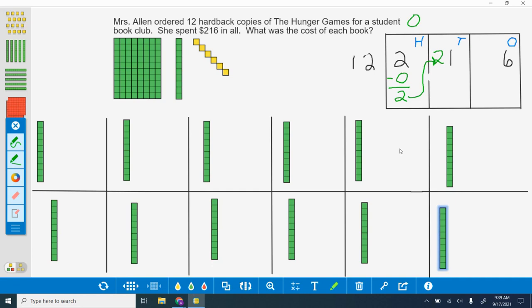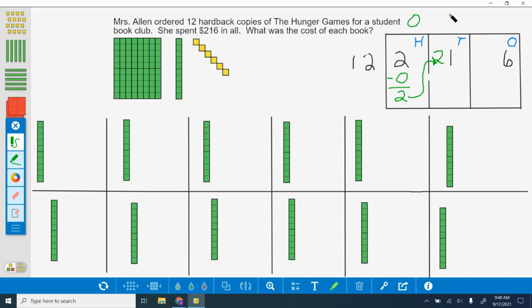Let's look at how many tens we have remaining. 1 ten, 2 tens, 3 tens, 4 tens, 5 tens, 6 tens, 7 tens, 8 tens, 9 tens. If we have 12 groups and 9 tens, are there enough tens to place 1 in each of the 12 groups? No, there aren't. So let's go ahead and notate what we just did.